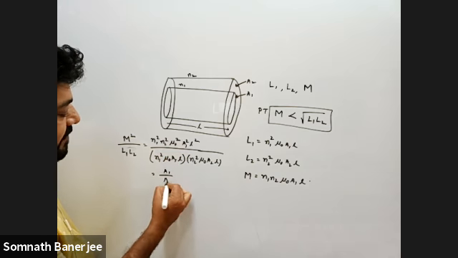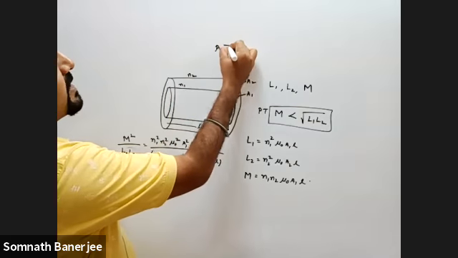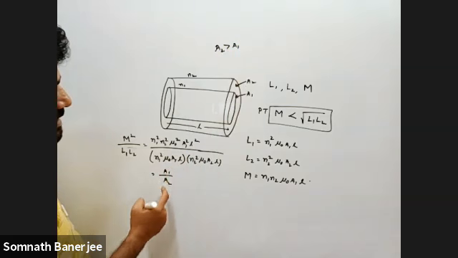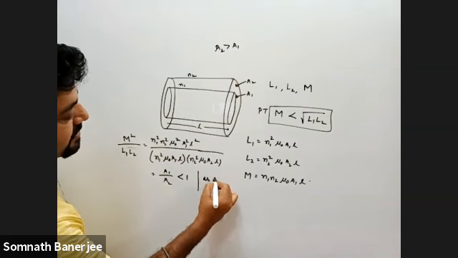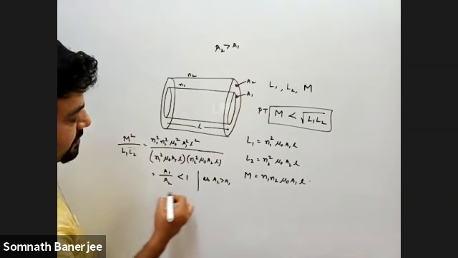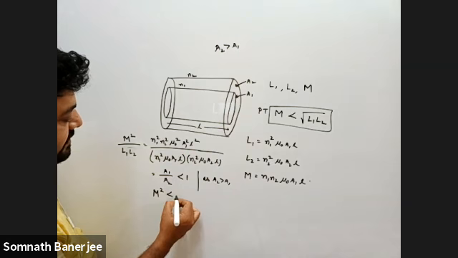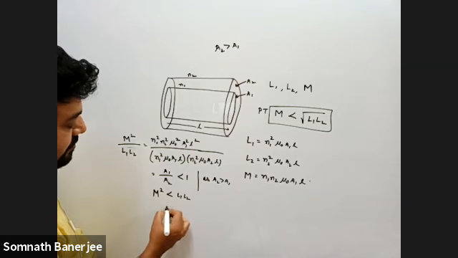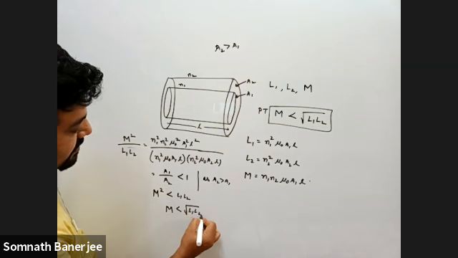So we write A1 by A2, and from the data it is clear that A2 is greater than A1. So as A2 is greater than A1, this is less than 1. So we can write M square is less than L1 L2, so M is less than root under L1 L2.